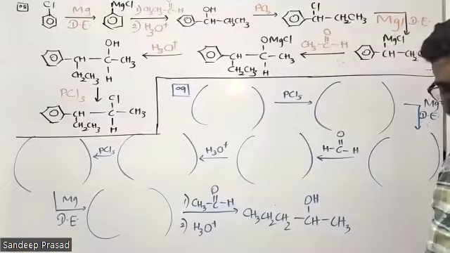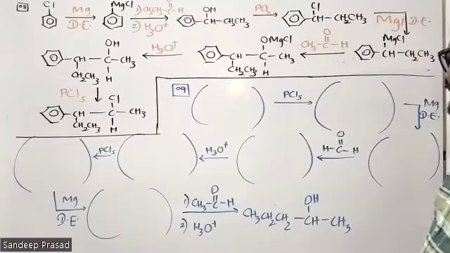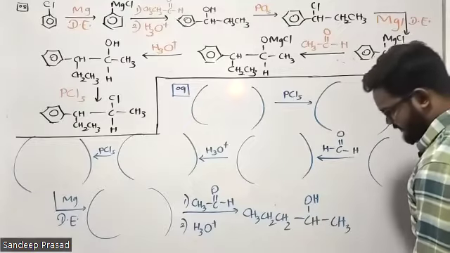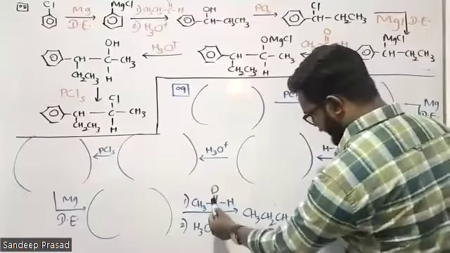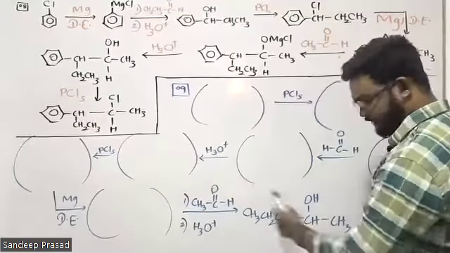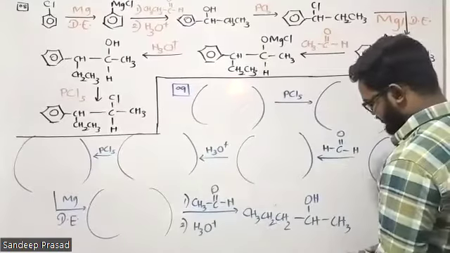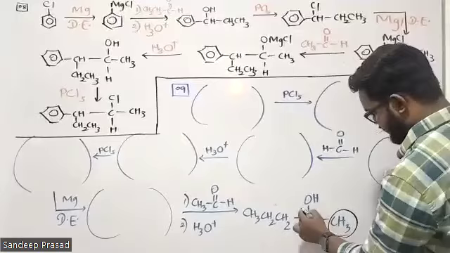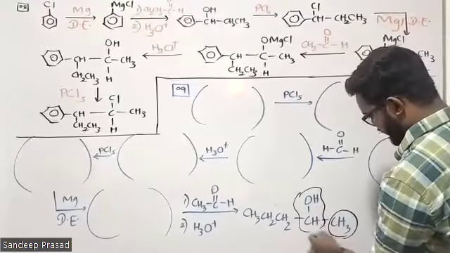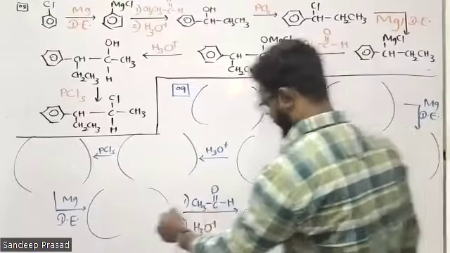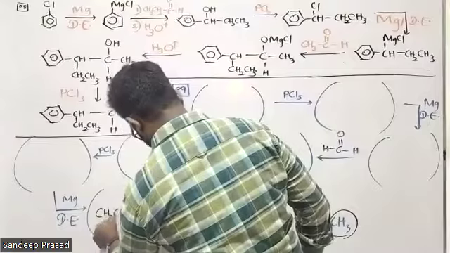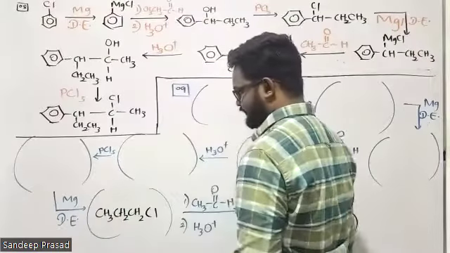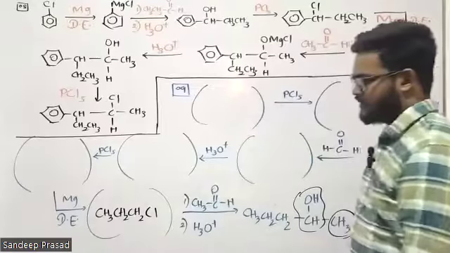Number 9. What about number 9? So we have to go for the reverse, right? In the reverse, we can say that an aldehyde is added. So therefore, the previous one should be definitely a Grignard reagent. Then these are the parts in the aldehyde, CH3 and CHO here. And the Grignard reagent should be CH3CH2CH2MgCl, because chlorine is there.